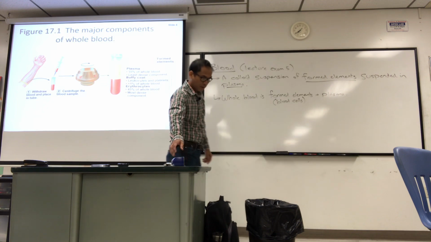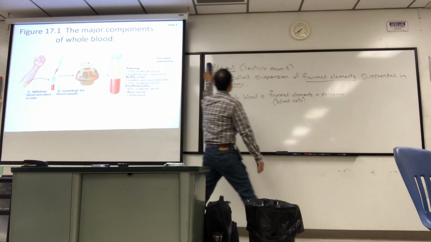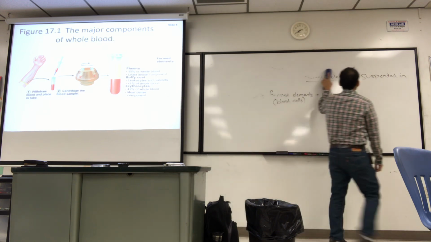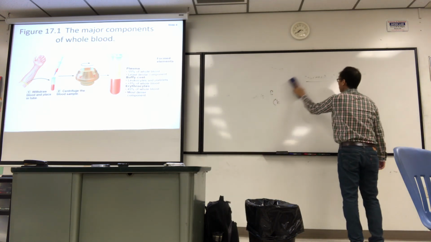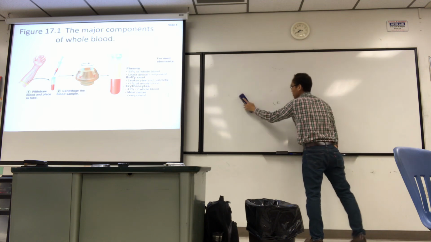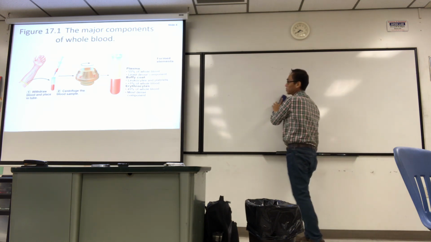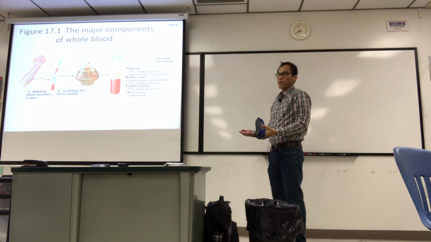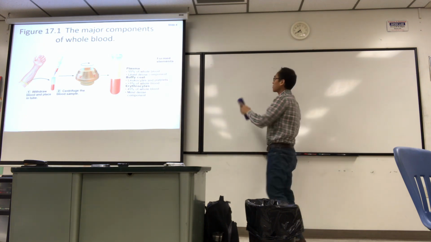So the fractions of blood include, well, you can see the plasma on the top. It's the straw-colored, yellow-colored fluid. Looks like urine, right? Urine is your filtered plasma.